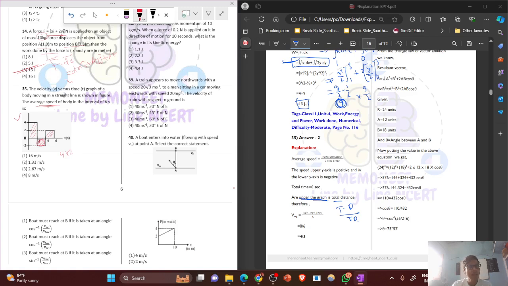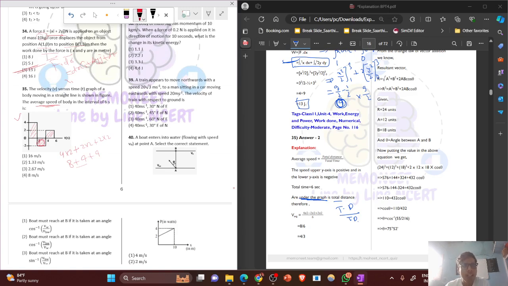It takes some time. It has some velocity. So don't take it as a negative. They have done wrong here. It will be your 2 into 2 plus 2 into 2. It is 8 plus 4 plus 4. It's 16 meter per second.